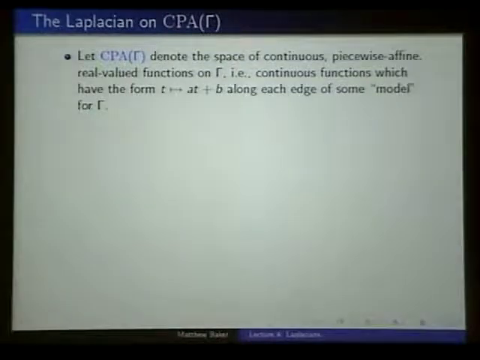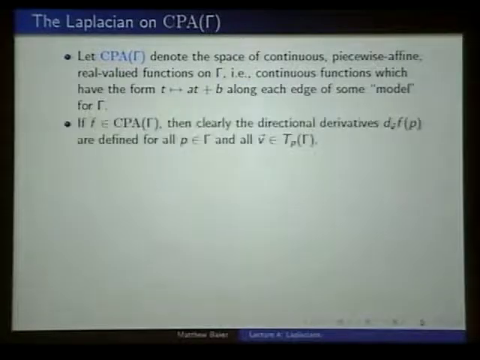You can pick some vertices and then draw edges between them and think of it as being induced by that combinatorial model. So in that sense, I allow breaks in these piecewise linear functions anywhere, at arbitrary vertices, anywhere on the graph. So there should be just some finite set of vertices that you can pick out and then draw edges between them, and then it's going to be affine on each of those edges. That's what I mean by CPA. And then for such functions, the directional derivatives are all well defined.